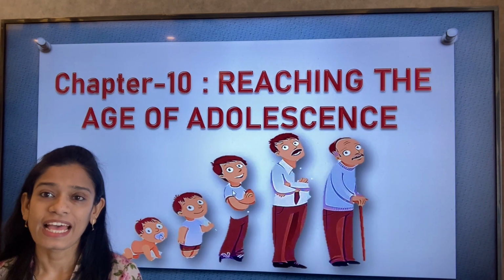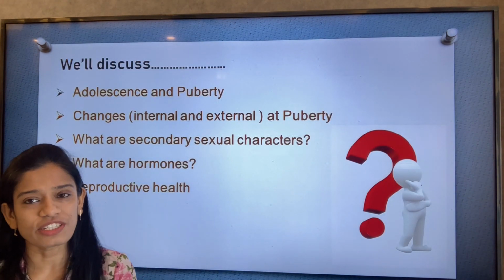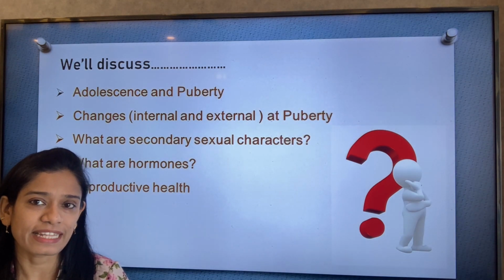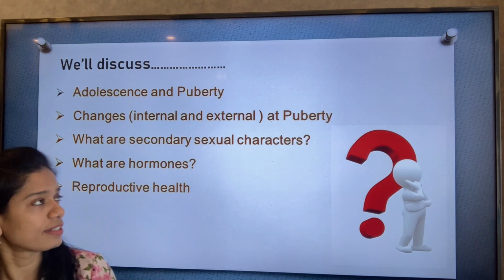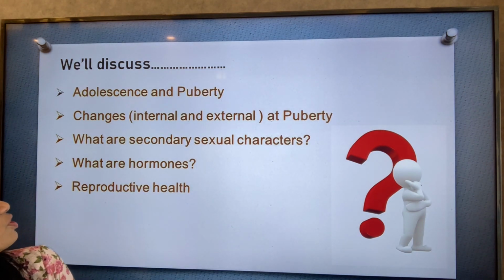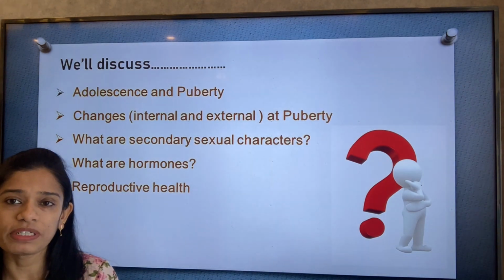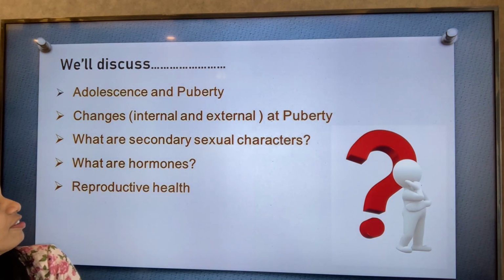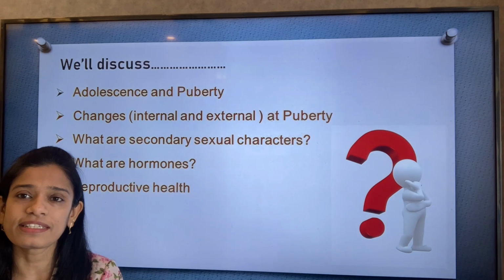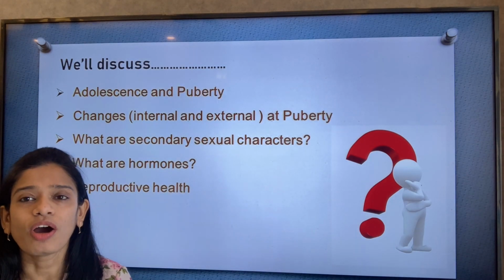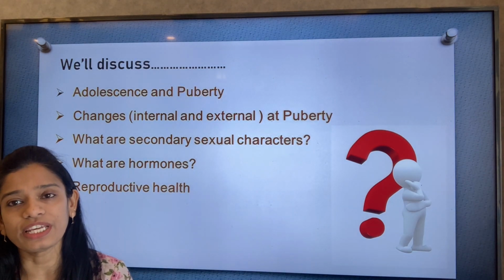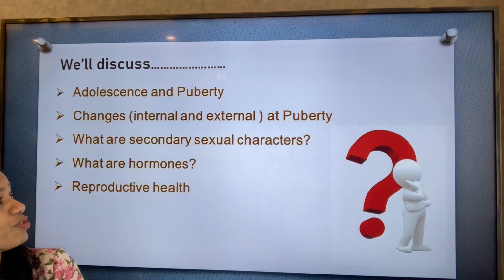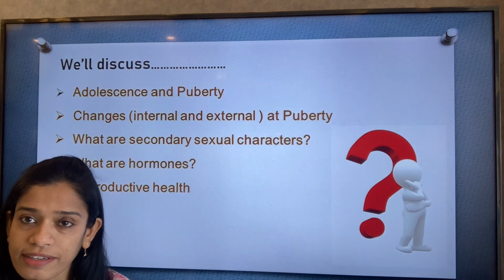So in this chapter, what are we going to discuss? Let's have a quick look. The first thing that we are going to learn is adolescence and puberty. What is adolescence? What is puberty? And we are going to learn about the changes that take place in boys and girls during the age of adolescence or at puberty. The third thing is, what are the secondary sexual characters?